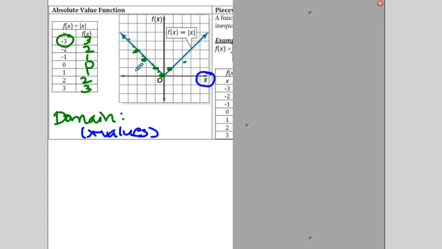So my domain, if I'm going to keep going all the way to the left and all the way to the right, essentially every single point and every single x value on my x-axis is in my domain. So that is every single number you could possibly ever think of, I would include in my domain. So if it's going to keep covering everything to the left and everything to the right, it's what we call all real numbers.